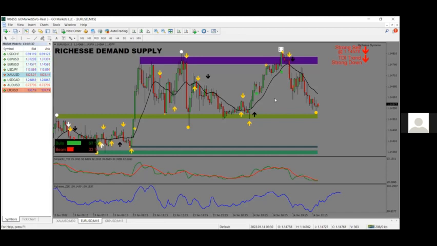It doesn't show the demand supply like yours. There might be a problem with MT4. I need to check on that. MT4 needs a lot of resources to run. I have 16 GB of RAM on my computer, and still the MT4 is hanging on my system.